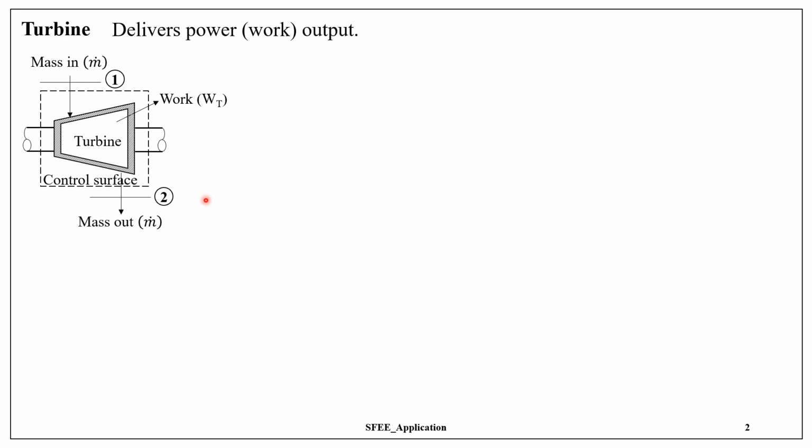Apply steady flow energy equation at these two sections. What this steady flow energy equation says, total energy is conserved. That means the energy at section 1 is equal to the energy at section 2.